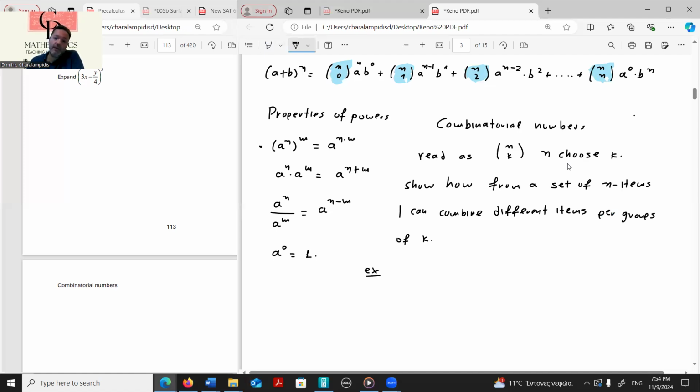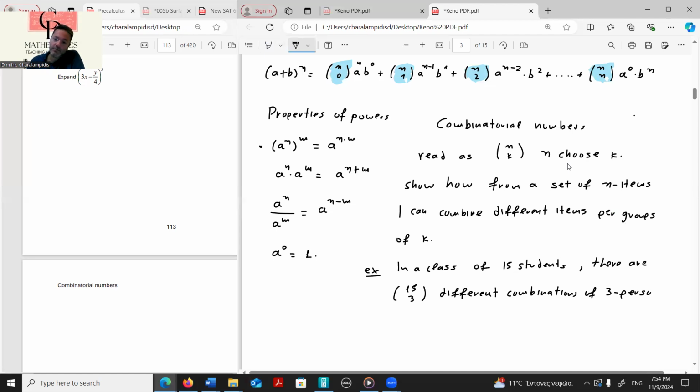For example, if in a class of 15 students, I want to elect 3 of them for a committee, there are 15 choose 3 different combinations of 3-person committees.